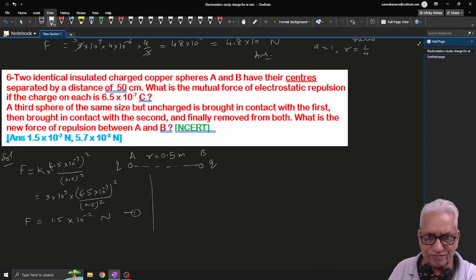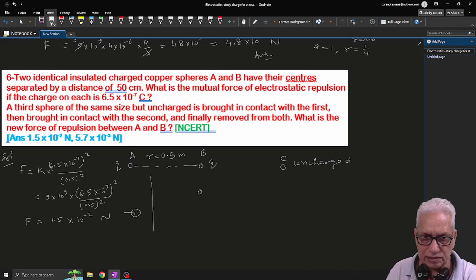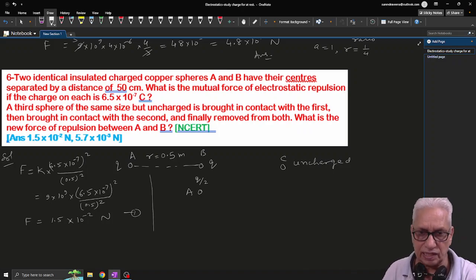But now, a third charge, which is C. Initially there is no charge on it. It is uncharged. First it touches A, then A and C will share the charges. So on A, Q by 2, and C also has Q by 2 after touching A. Then C touches B. So on B is Q and on C Q by 2.